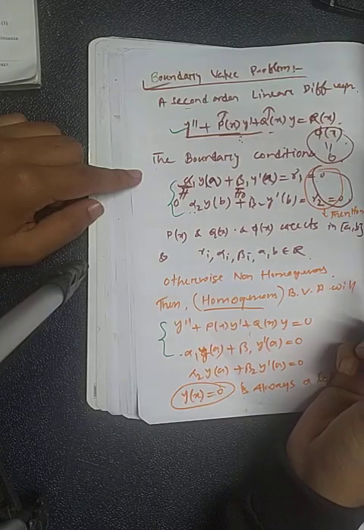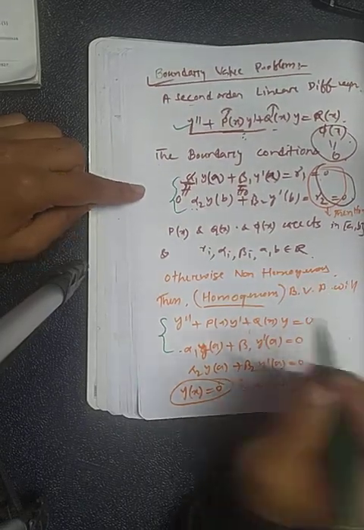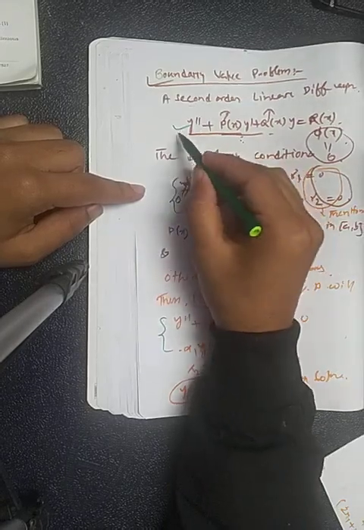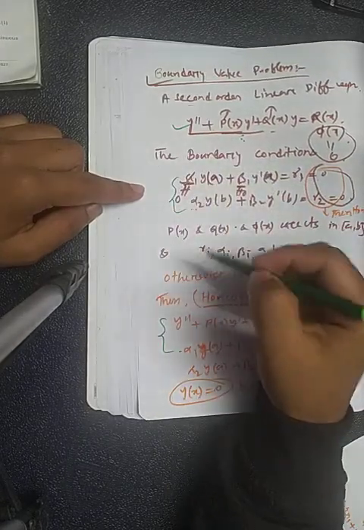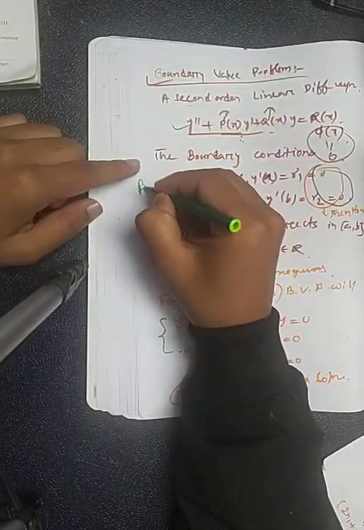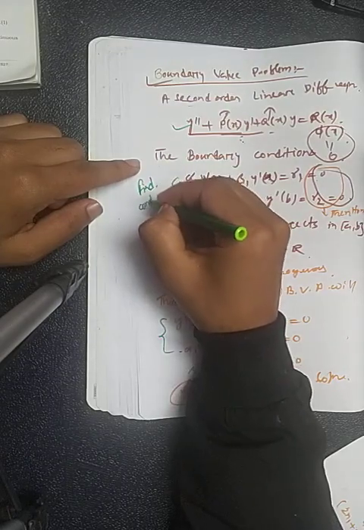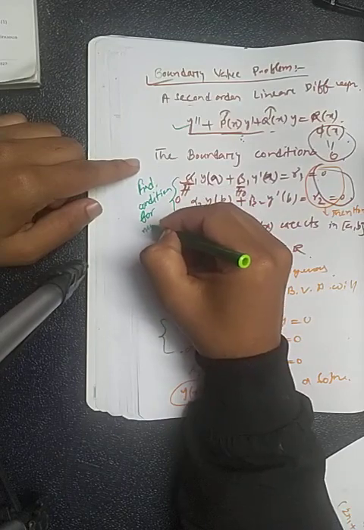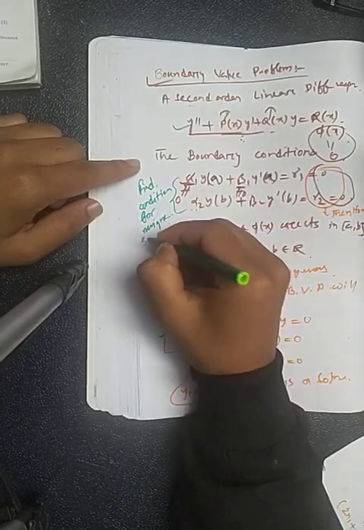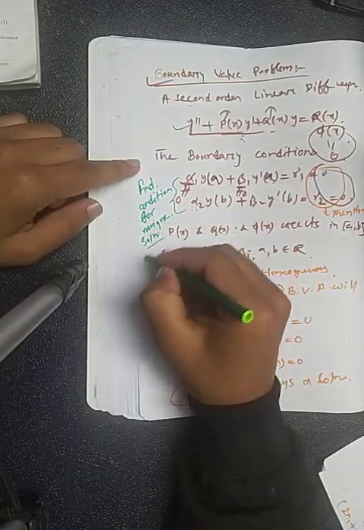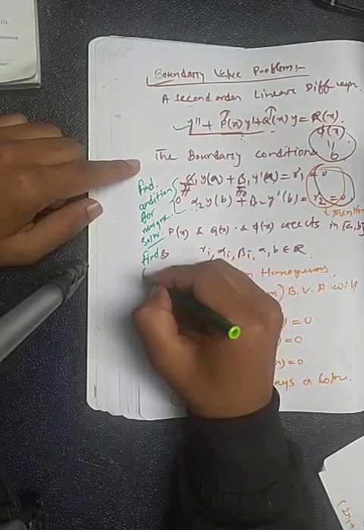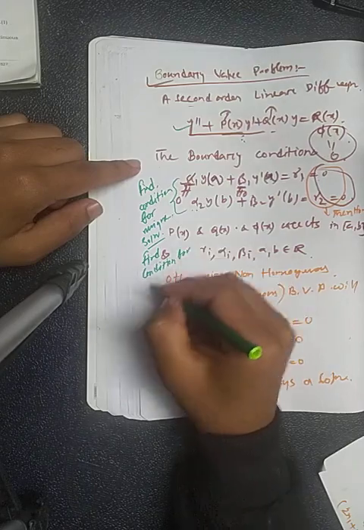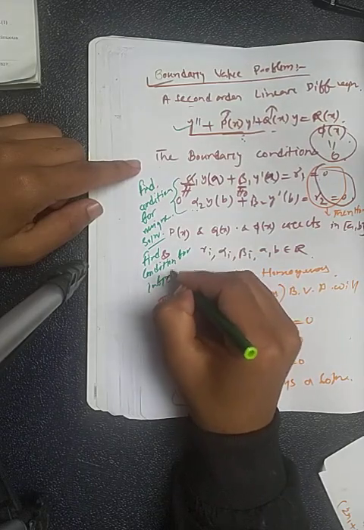From here, what type of question may they ask? They will give the linear differential equation with boundary conditions and say find the condition for a unique solution, or they may ask to find the condition for infinitely many solutions.